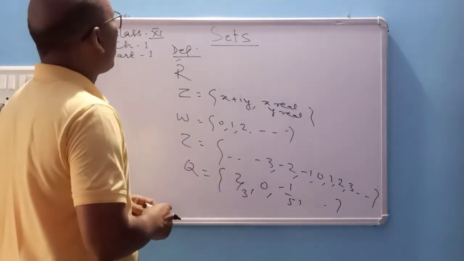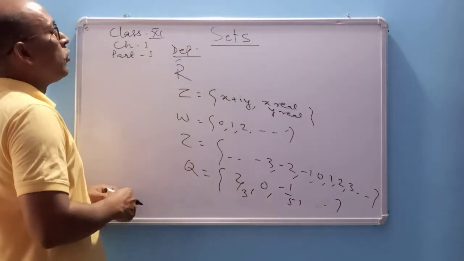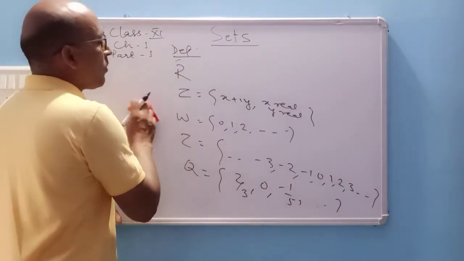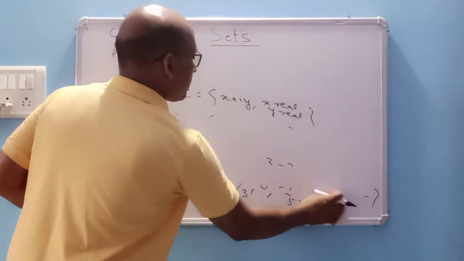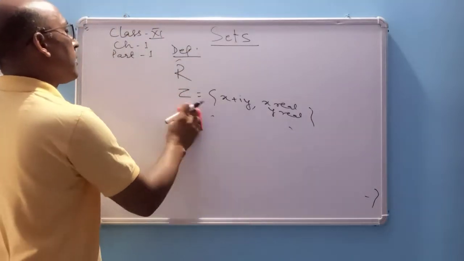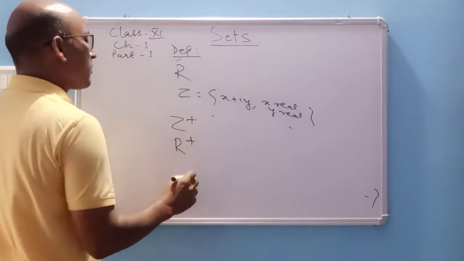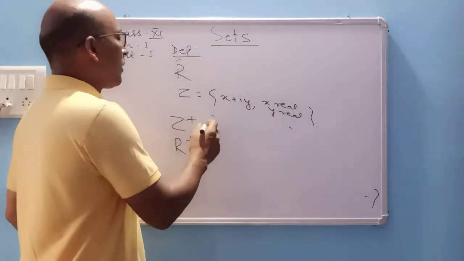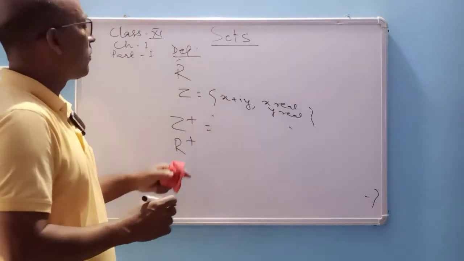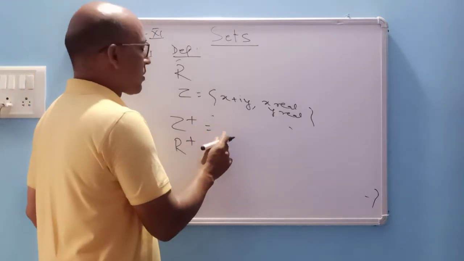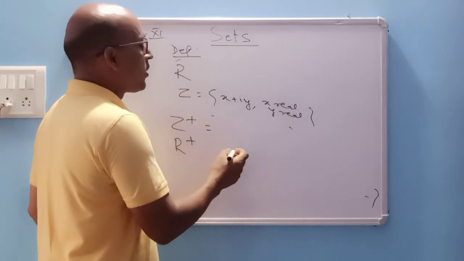Similarly, you may come across symbols like Z plus, R plus, which again means the set of positive integers.